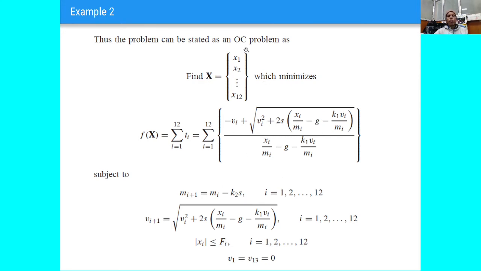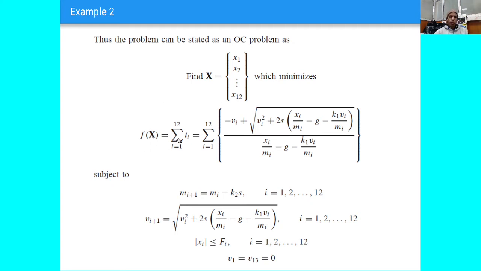So we have thrust at x1, x2 up to x12, and your optimization problem is an optimum control problem, because each stage is evolving from your previous stage.